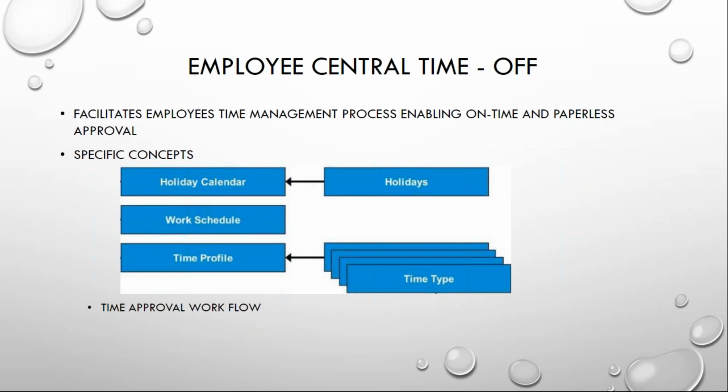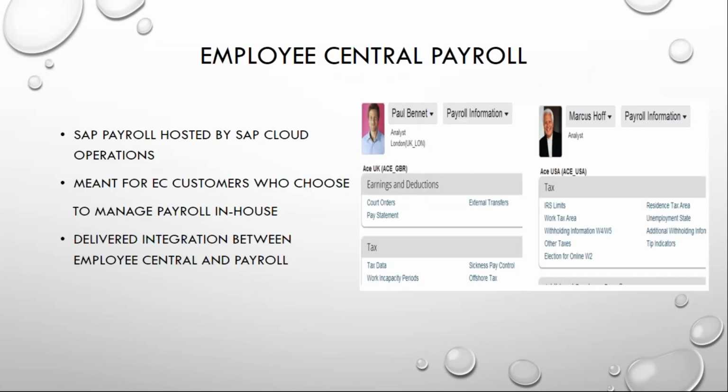And that will be assigned to a user. So when this is assigned to a user, it will make the user use the leaves based on what is available on their balance, okay. So all these concepts on time off can be configured under the Employee Central Time Off functionality, okay.